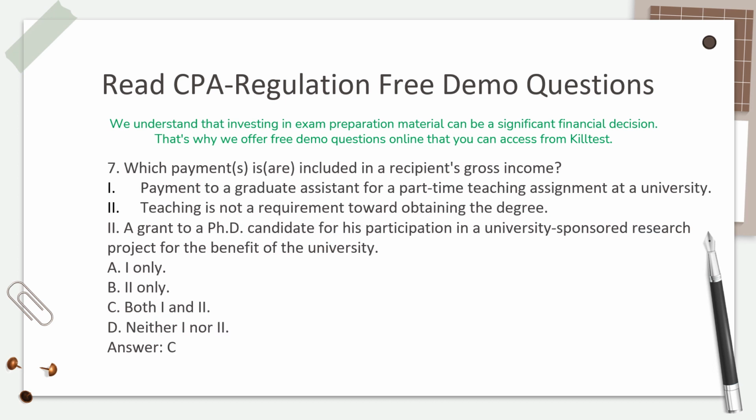7. Which payments are included in a recipient's gross income? 1. Payment to a graduate assistant for a part-time teaching assignment at a university. Teaching is not a requirement toward obtaining the degree. 2. A grant to a PhD candidate for his participation in a university-sponsored research project for the benefit of the university.